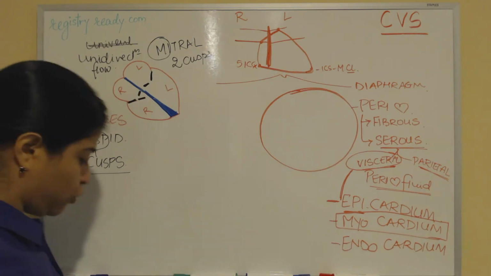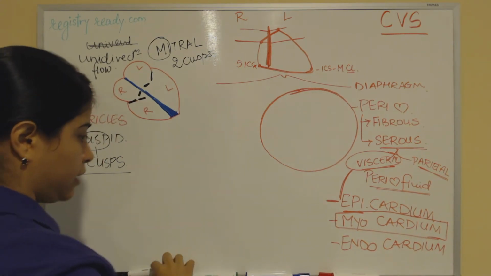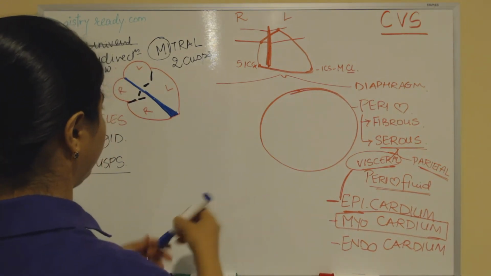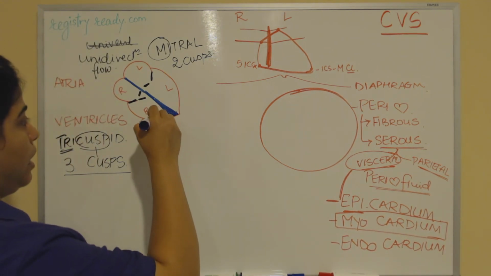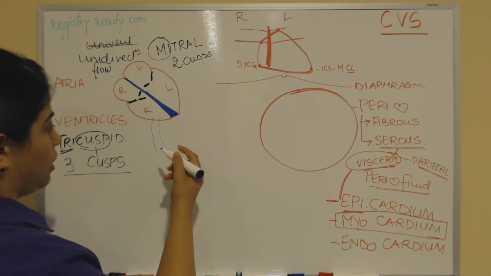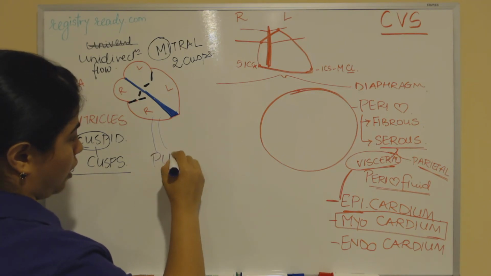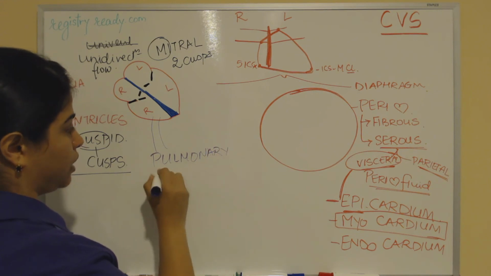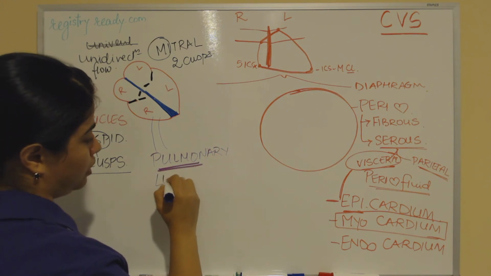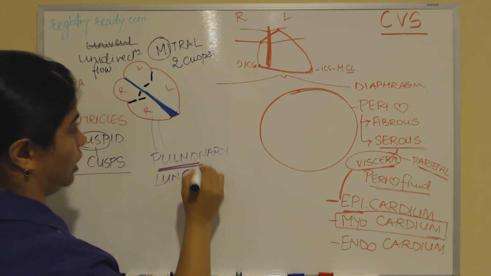Now from these two ventricles arise the two great vessels. From the right side comes out the pulmonary artery, the name suggesting pulmo means lungs, so they are going to be carrying blood to the lungs.